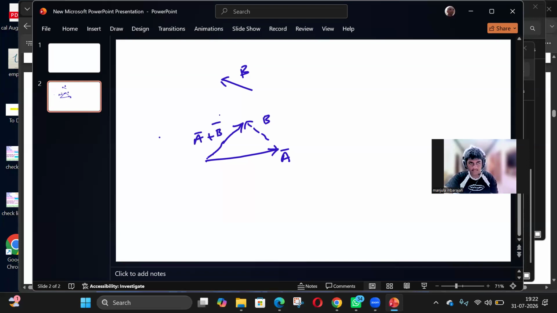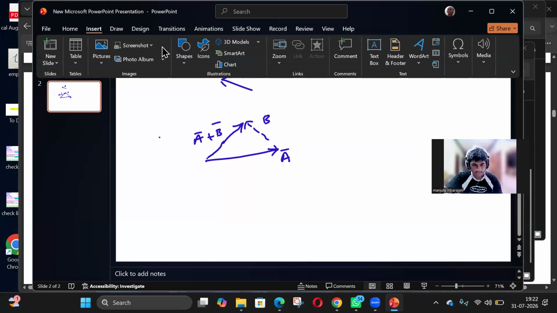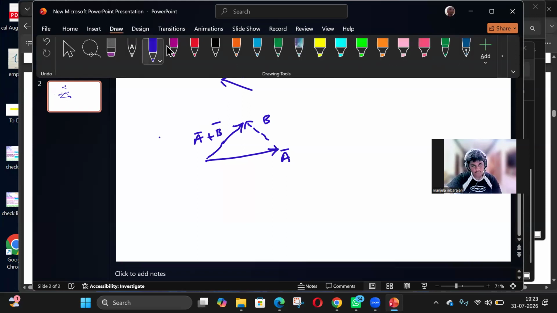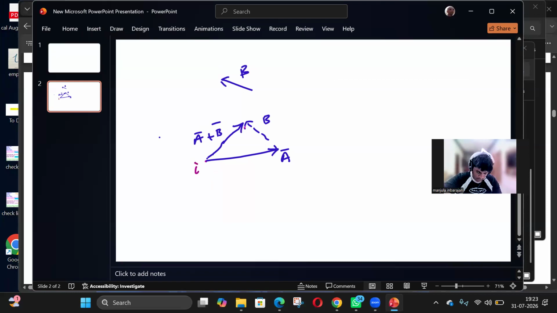One way to remember this is that I'm going from this initial point I to this final point in two ways.